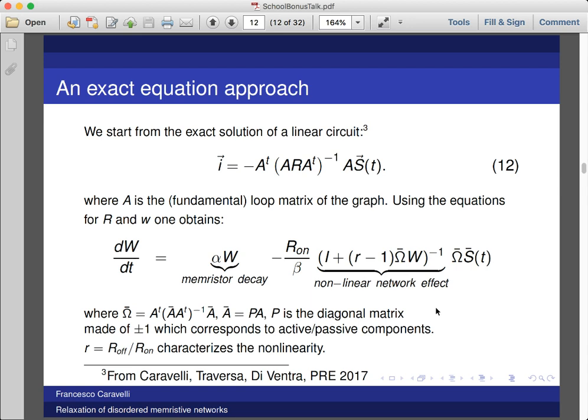So when S is equal to 0, alpha is the memristor decay. When S is not 0, beta is how fast memristors usually respond to an applied voltage. So in this sense, all the complexity of the dynamics is contained in this second equation, and it contains Kirchhoff's laws. So you can always simulate these for a simple class of memristors and have Kirchhoff's laws satisfied.